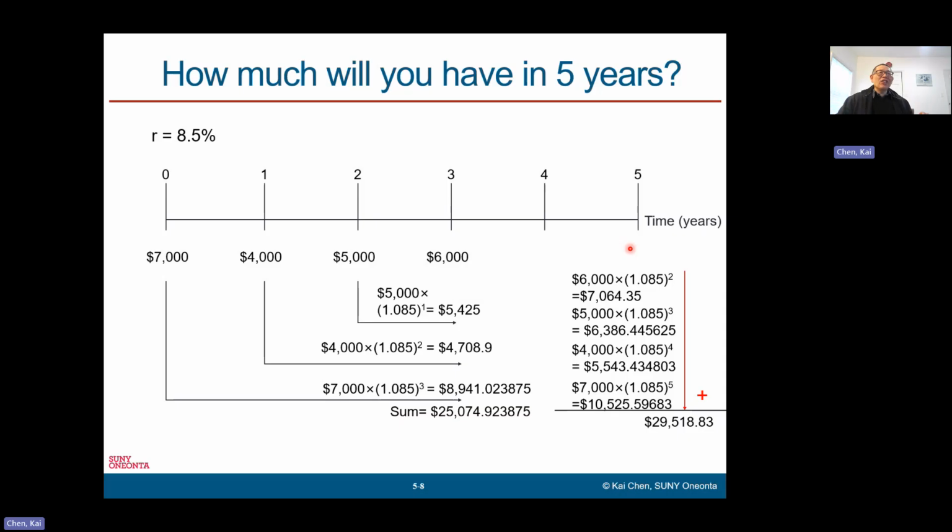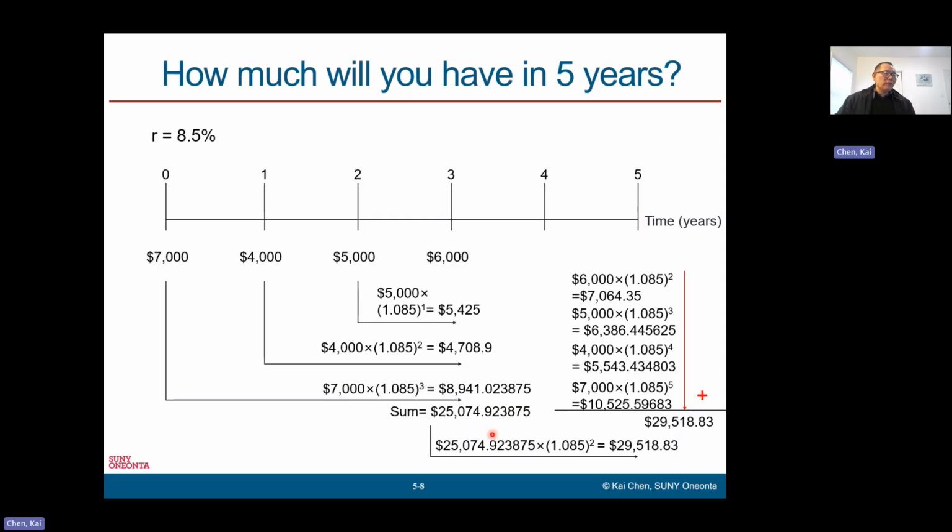So this is a single cash flow issue, and that would be very simple. We're going to use the formula. $25,075 is the present value, because this is the value of your investment at the beginning of your holding period. Your holding period begins at the end of year 3 and ends at the end of year 5.